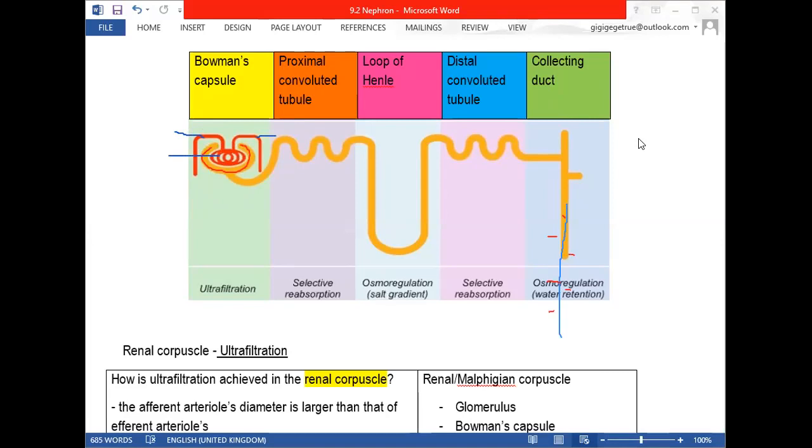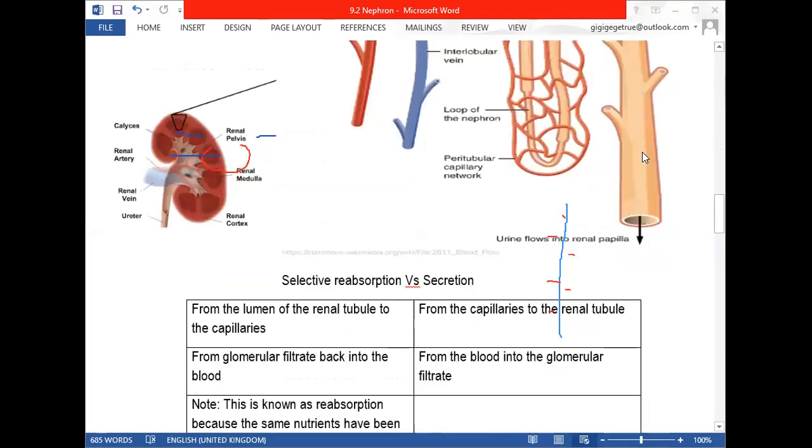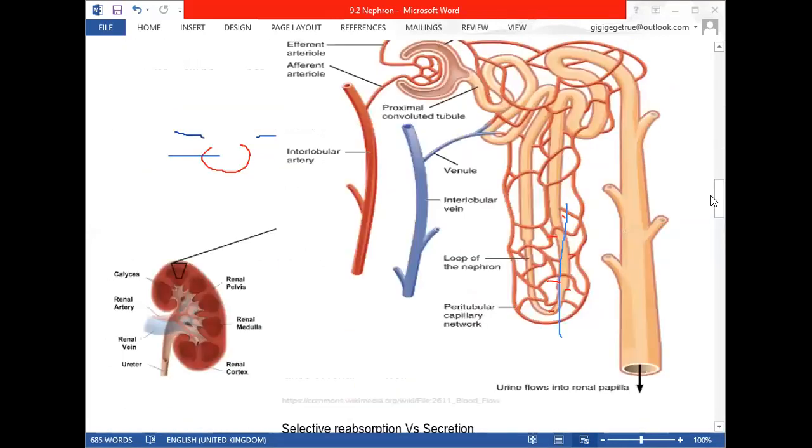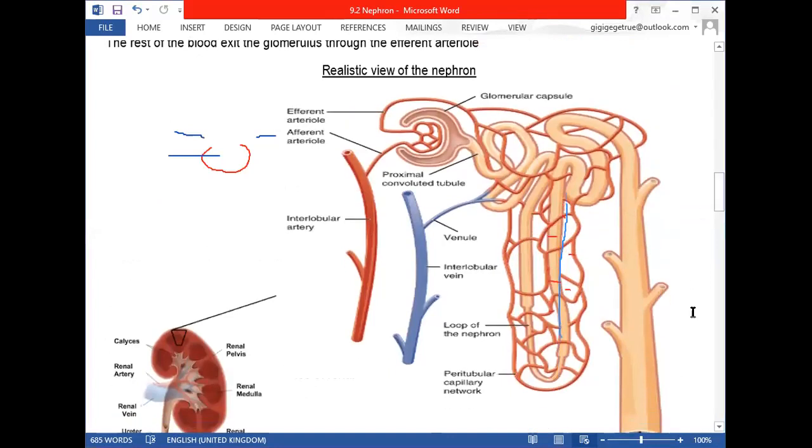Okay, so if I can show you another diagram, which is over here, this is a more realistic view of the nephron. Clear all the drawing first.